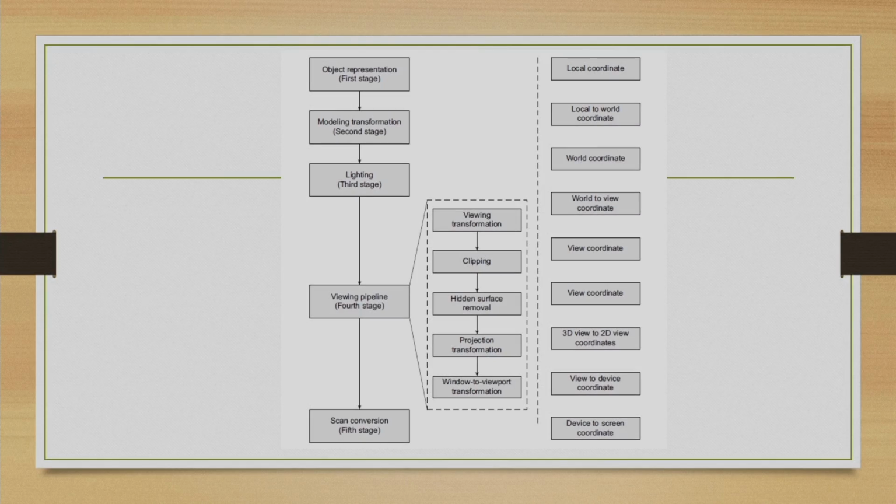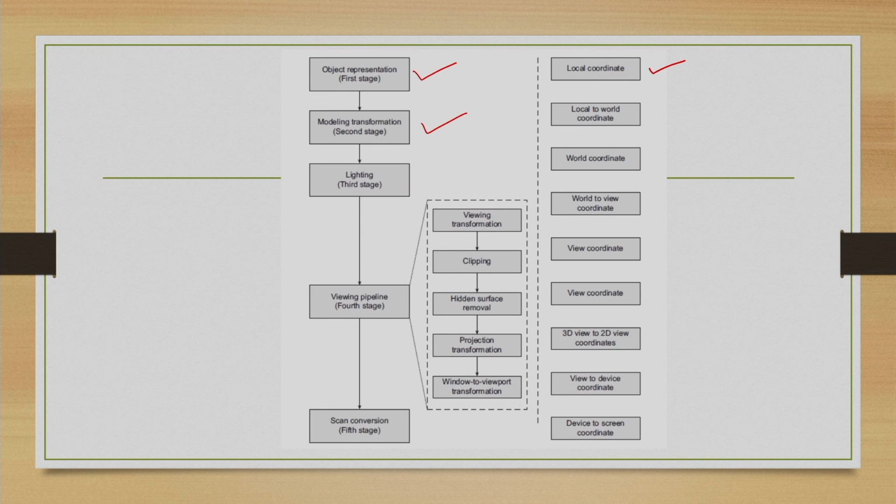As you can see here, there are 5 stages. First stage is object representation. In this stage, we define objects in their own or local coordinate system. Then we have the second stage, that is modeling or geometric transformation.